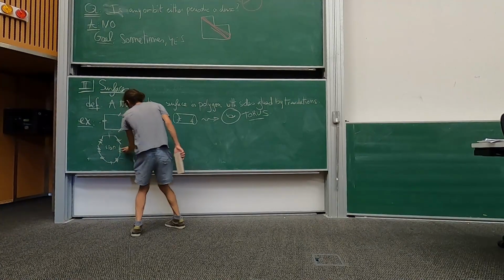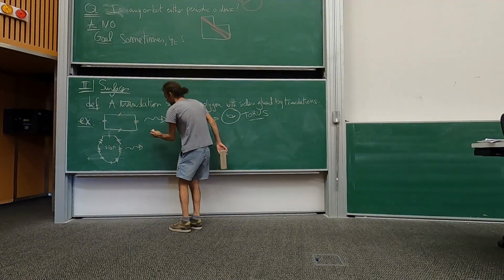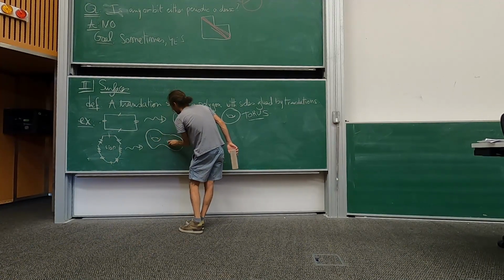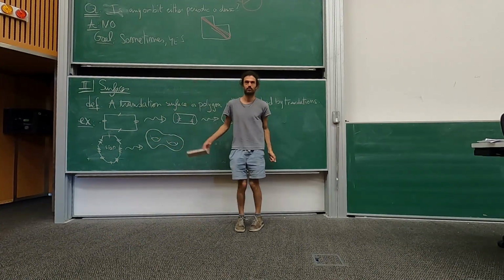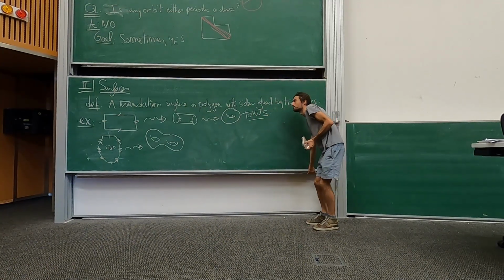You can do the same kind of reasoning. It's a bit harder, but you can convince yourself that you get something that looks like that. Okay, so that's a translation surface.